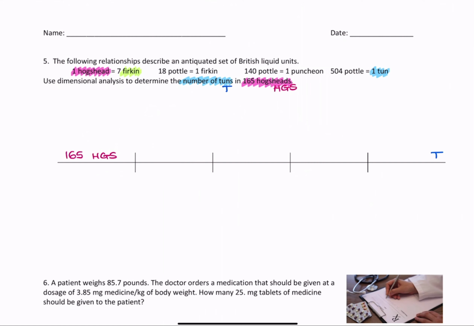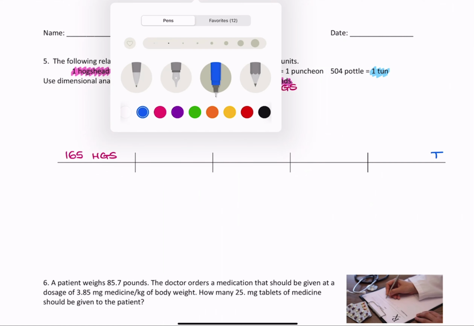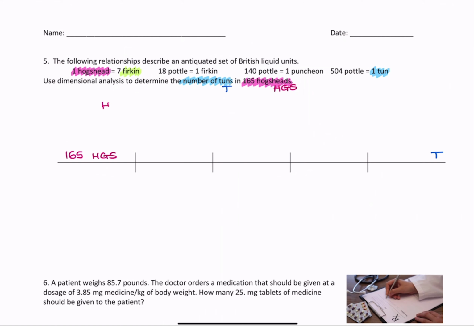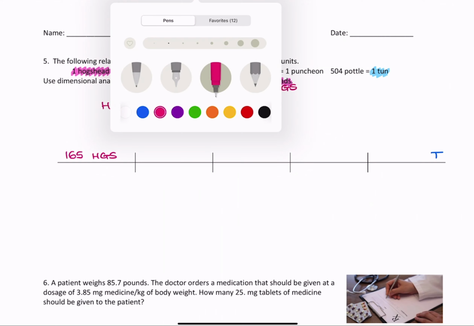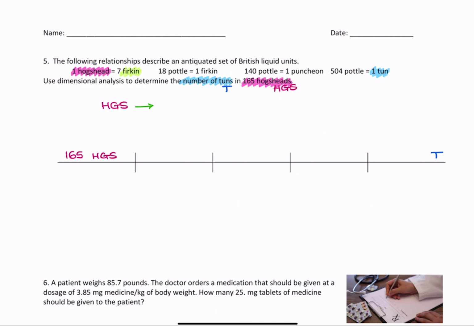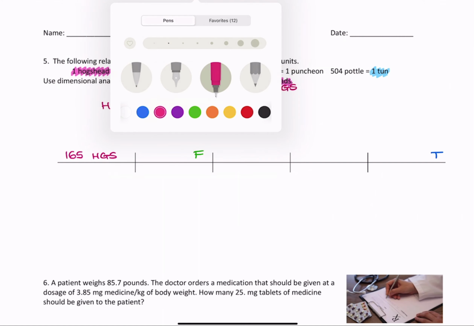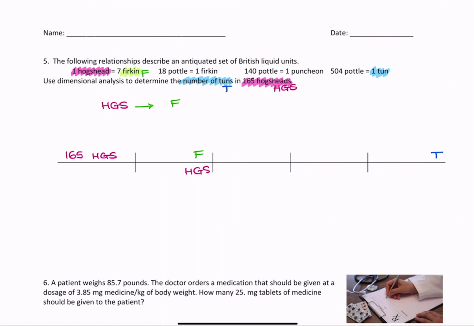So that's going to be our first step. We're going to start with hogshead, and we're going to convert them into firkin and cancel the hogshead. That's going to be here, our first step.